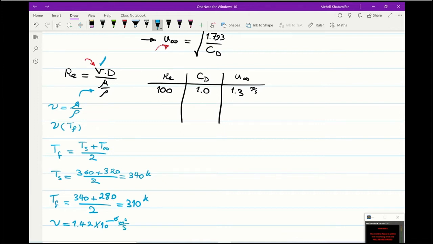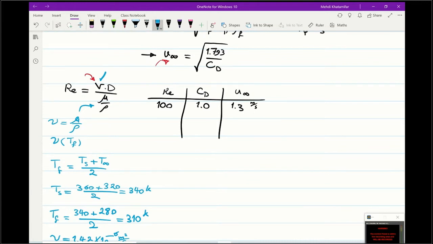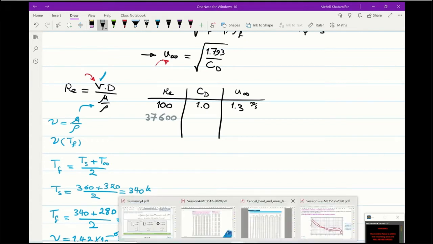Anyway, you find this U infinity, you put it inside the Reynolds number and calculate the Reynolds number. If I put this number in, this time the Reynolds number is going to be 37,600, a much bigger Reynolds number. Now I need to go back to the graph.